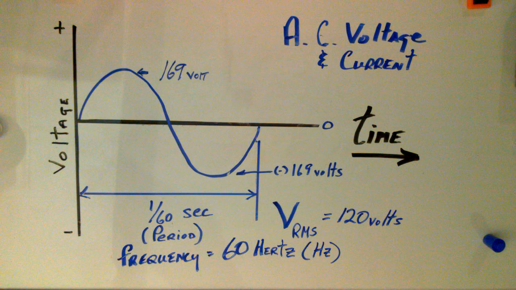I believe the decimal for that is, since I'm lazy and have to use a calculator for everything now, 16.7 milliseconds. So that's the basis of AC voltage.